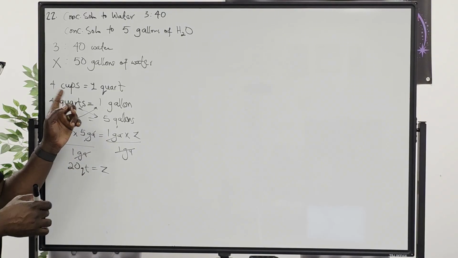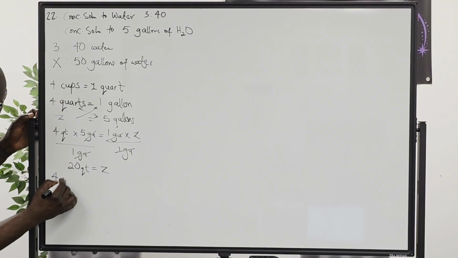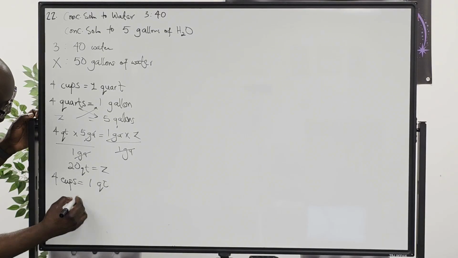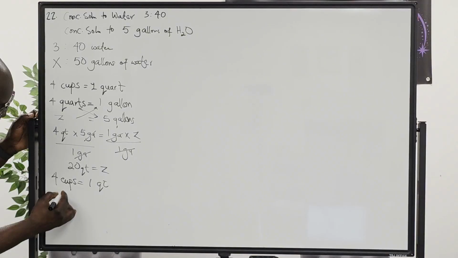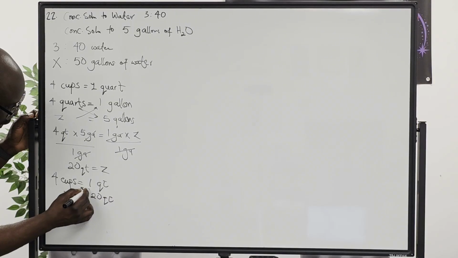But we want to get back to cups. We don't want to use quarts. So we know that 4 cups is equal to 1 quart, right? So when we have 20 quarts, how many cups do we have? Let's call that Y, equal to 20 quarts. So the same thing, we'll do a cross multiplication right here.